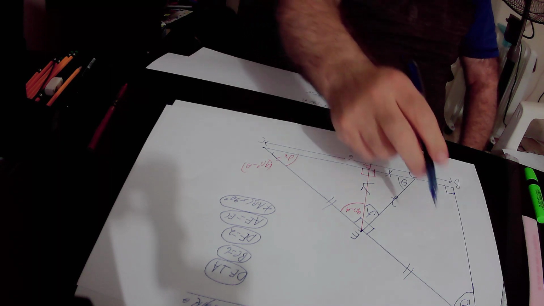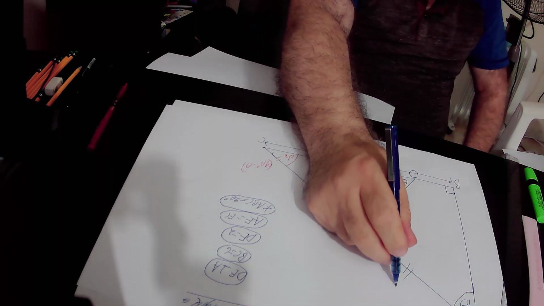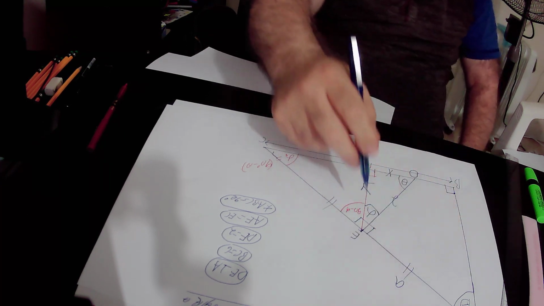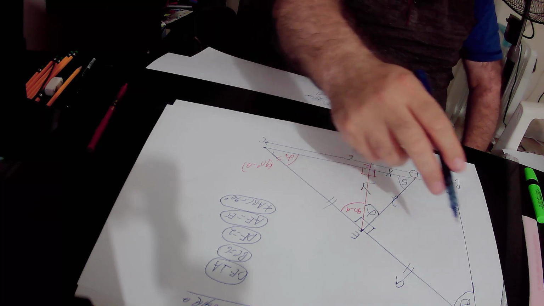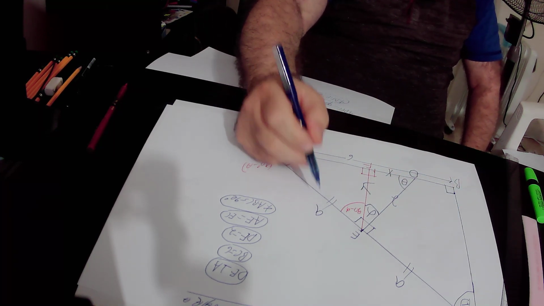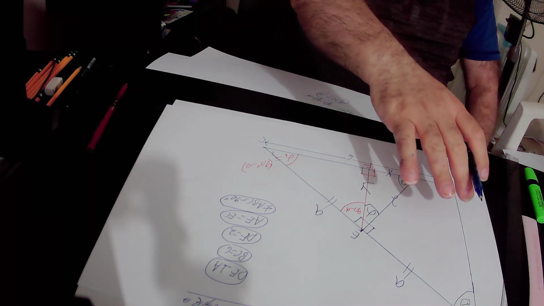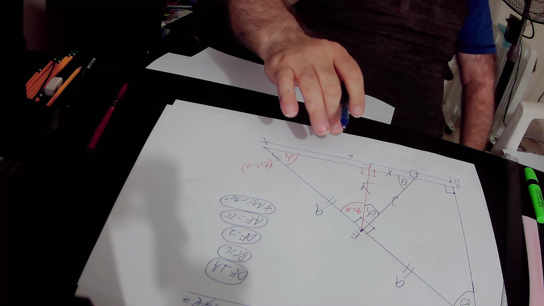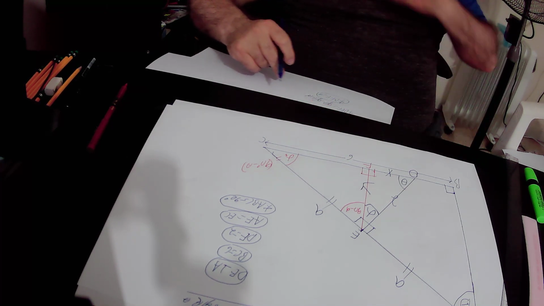We will define line segment AE as A. So if line segment AE equals A, then EC must also equal A, because AE equals EC. And we will prove that the big right triangle ABC is similar to the small right triangle EFC. Okay?